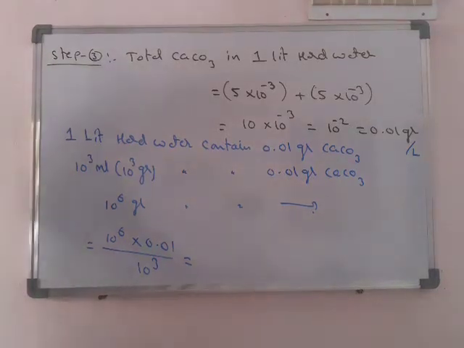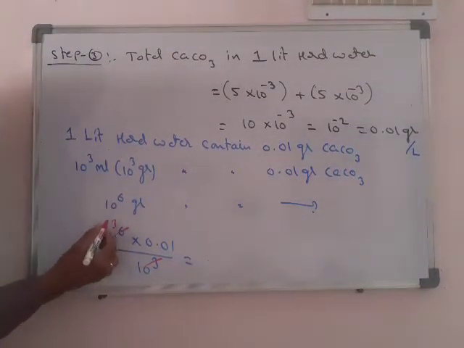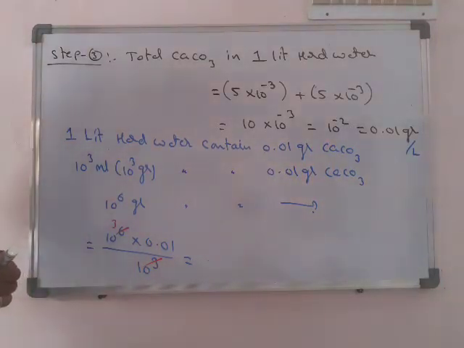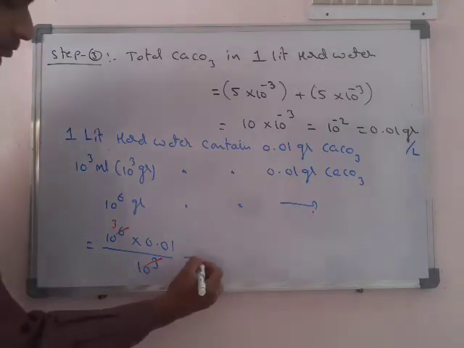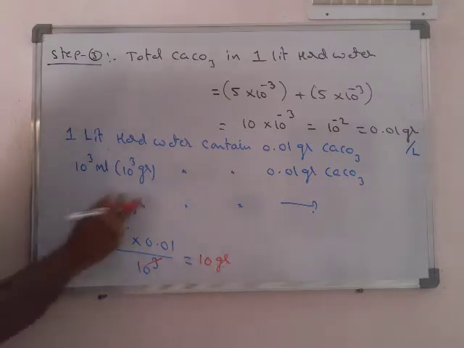So just on cancellation, 10 power 3 remaining, 10 power minus 2. So finally we get 10 grams.